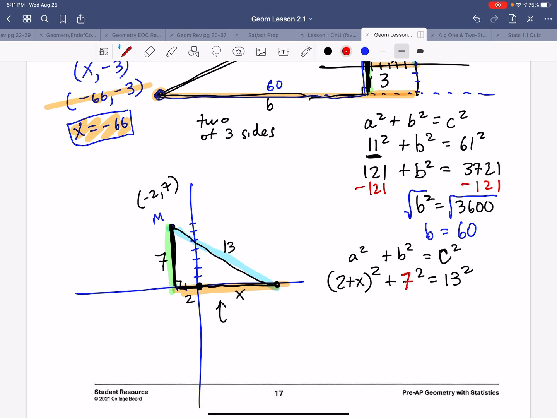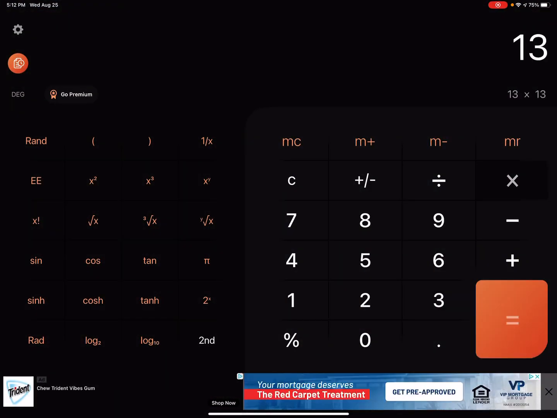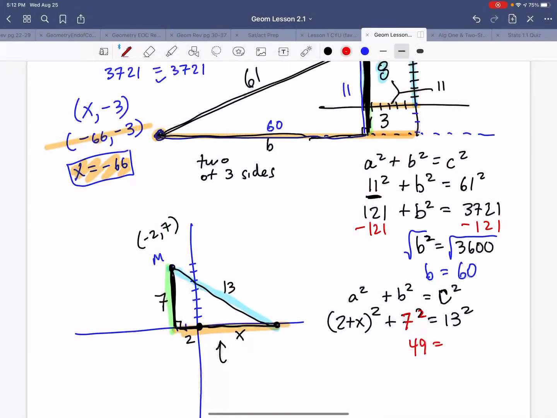7 times 7, 49. 13 times 13, maybe I should double check on the calculator instead of doing that in my head, 169. And we got to figure out what this is, right?